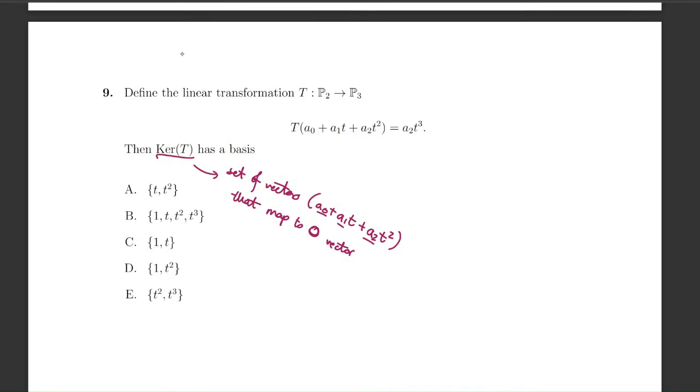So basically, we want to find when this transformation maps to 0. So when this equals 0. And this will always map to 0 when a2 equals 0. So this means that our a0 plus a1t plus a2t squared, which is our input vector, becomes, for a2 equal to 0, a0 plus a1t.